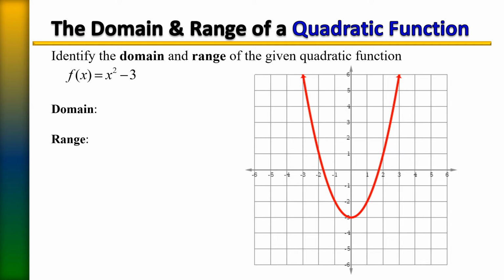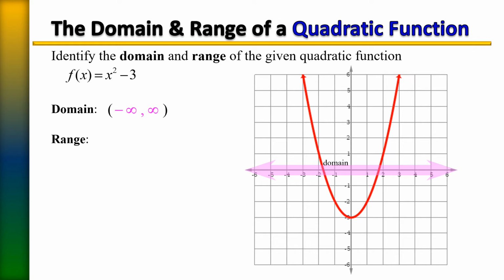Because you have a parabola with arrows on both ends, this parabola from left to right is going to be moving to infinity to the left and infinity to the right. So we would say that the domain would be from negative infinity to positive infinity, again because we have the arrows on both ends, which indicates that it will extend to infinity in both directions.